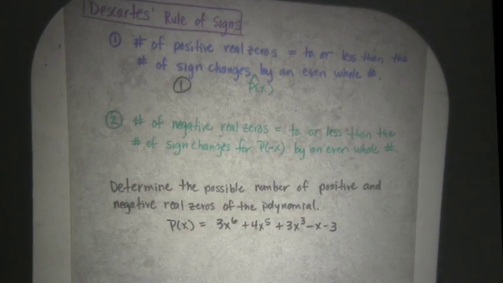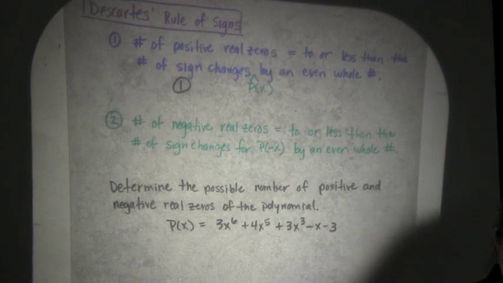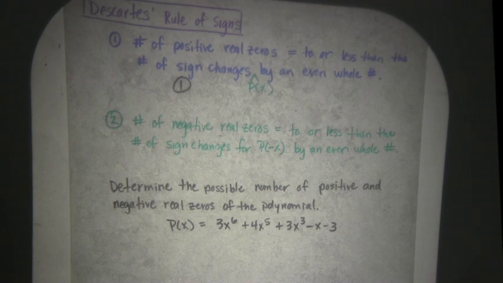Alright, so now if we go back and we read what Descartes' rule of signs is basically telling us, is that the number of positive real zeros is going to be equal to the number of sign changes. So if it was equal to, that would mean that this polynomial could potentially have one positive real zero. And that goes back to my list from earlier, where we were doing the last example with the rational zero test.